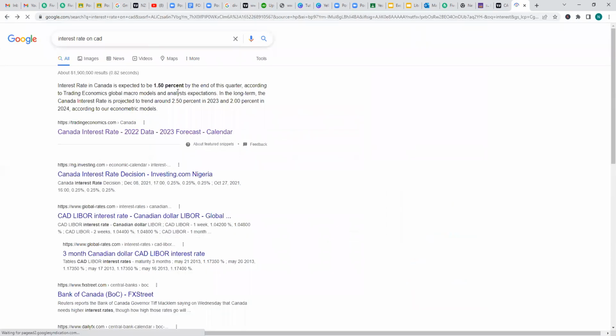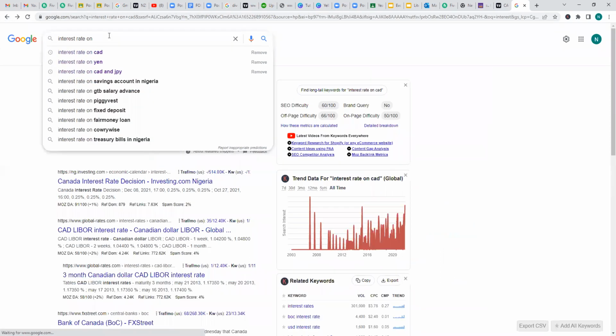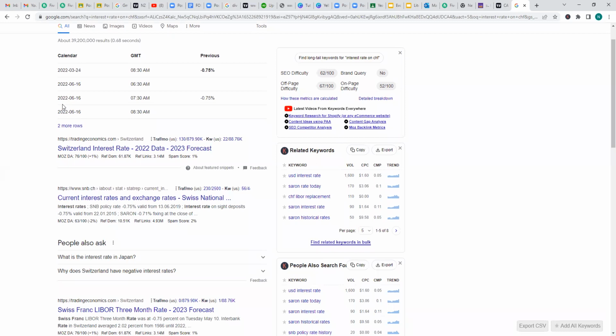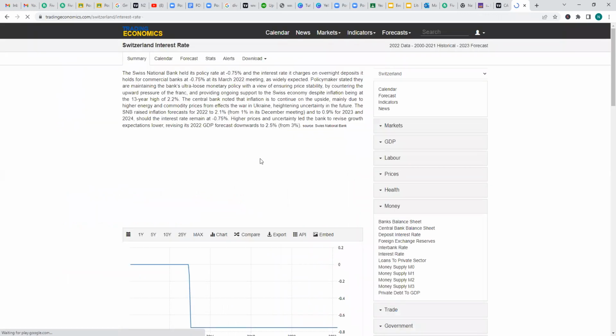Let's go for CHF, guys. Interest rate on CHF. The last one that was released was minus 0.75. They have not released a new one. Switzerland interest rate 2022. Let's check the forecast.